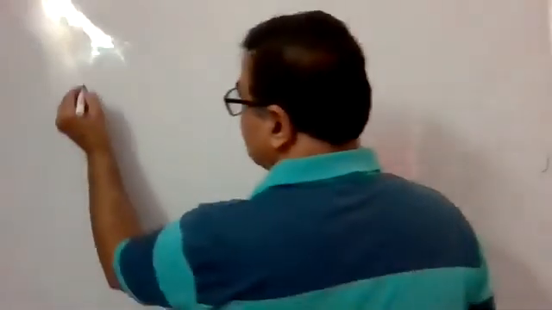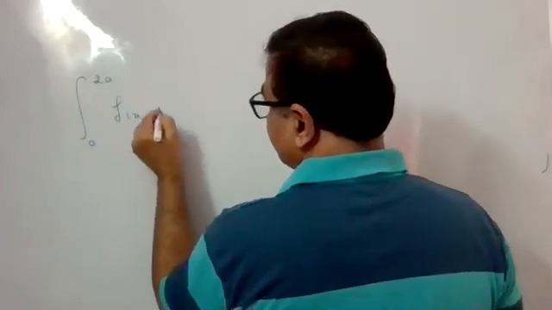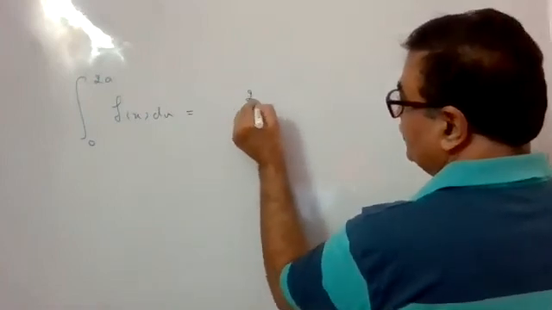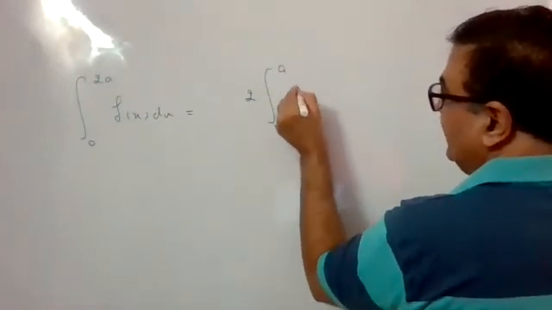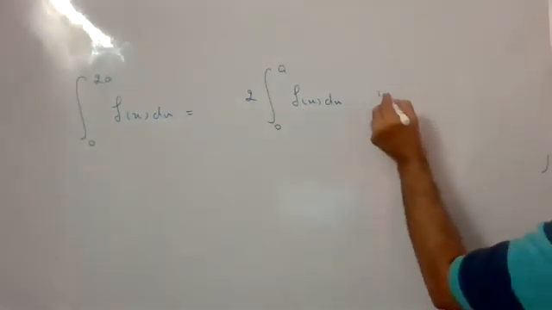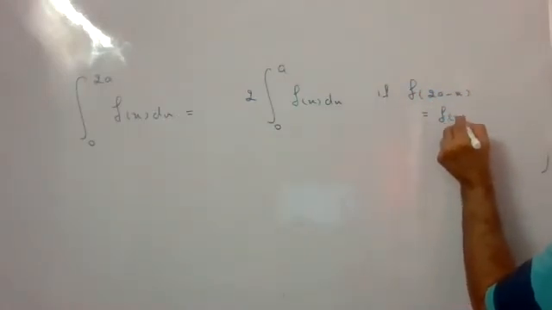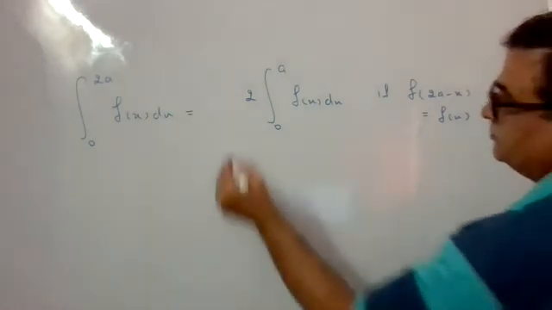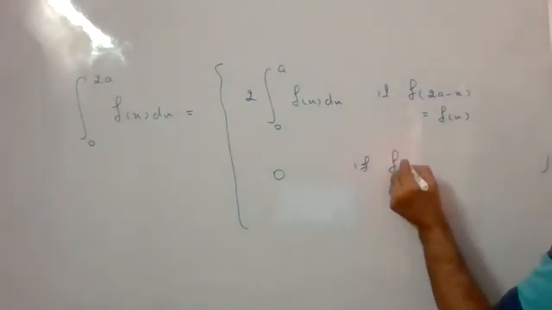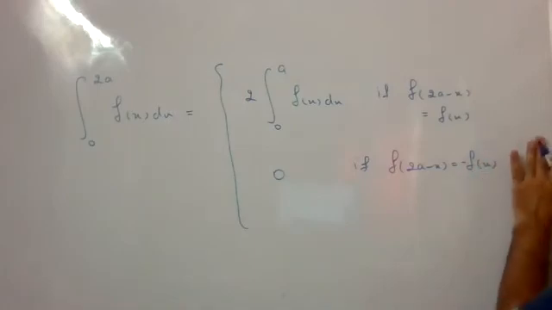It says integration from 0 to 2a of fx dx is equal to twice the integral from 0 to a of fx dx if f of 2a minus x comes out to be fx, and this will be 0 if f of 2a minus x comes out to be minus of fx.